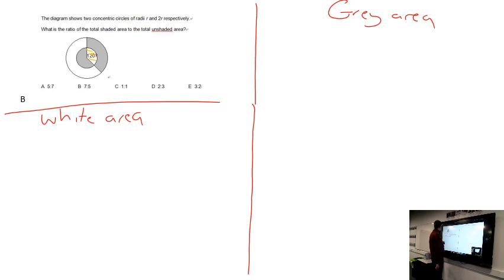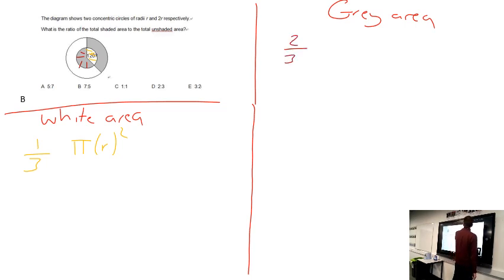This is going to be the area of the small circle, so pi radius squared times a third. And the grey part here is going to be 2/3 pi times r squared.